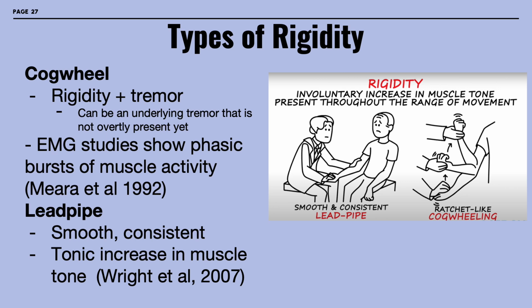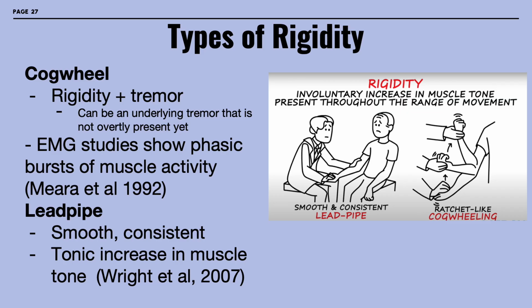There's cogwheeling, where there's this ratchet-like motion through a range of motion, and it's thought to be due to rigidity with an underlying tremor. EMG studies show phasic bursts of muscle activity, whereas with lead pipe, there's a more tonic increase in muscle tone and there's a smooth, consistent rigidity through a range of motion.